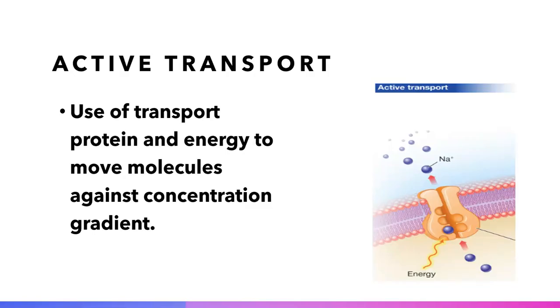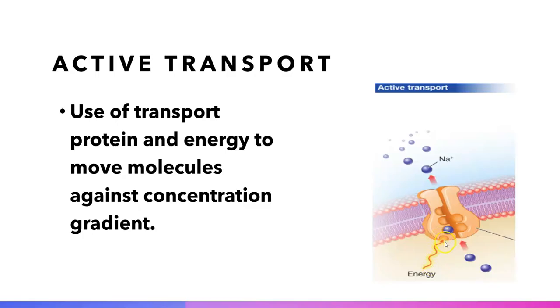Active transport involves moving against a concentration gradient. There are times when you might want to stockpile certain molecules within the cell or get rid of something completely from a cell. So you're moving against a gradient. Here we have our transport proteins, and these are required for active transport.